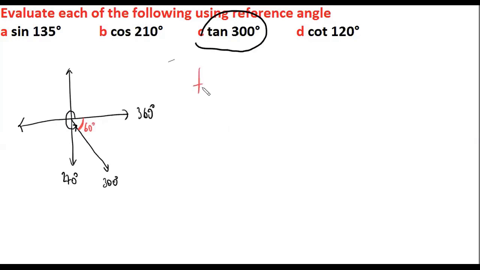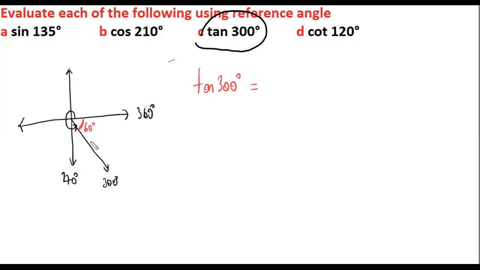Now let's write tangent of 300 degrees is equal to positive or negative. Let's start with that first. In the fourth quadrant, tangent is positive or negative? I see that cosine is positive, sine is negative.